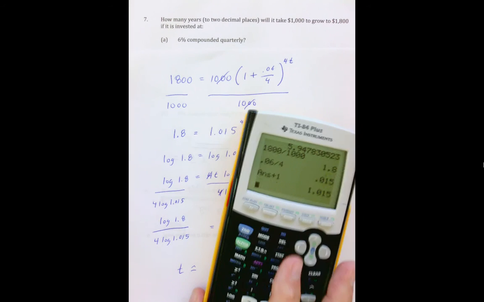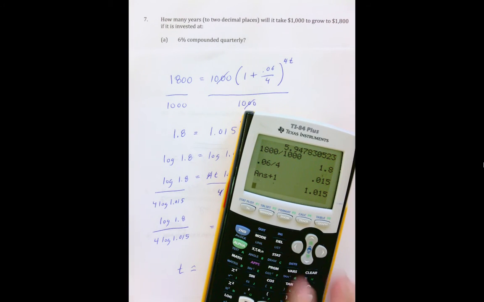So I'm going to do the denominator first. I'm going to take 4 log of 1.015 because I know there could be problems with this, and I'll show you why in just a second. So I need to take then the log of 1.8 divided by the answer, and I'll illustrate why I did this.